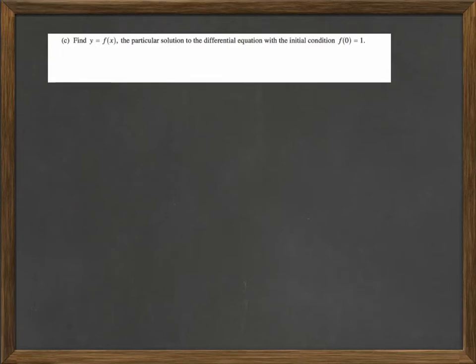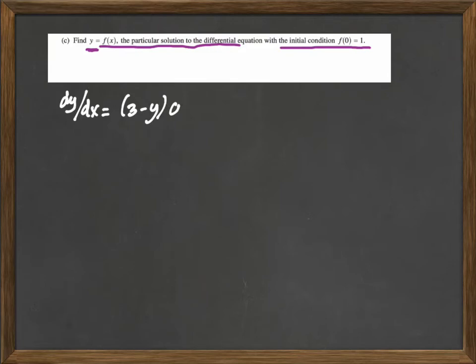It says y equals f of x, the particular solution with the initial condition f of 0 equals 1. Find y equals f of x. So that means you're going to solve for y, and the final answer will be in terms of y. So start again with your Diffie Q. dy/dx was equal to (3 minus y) cosine x.